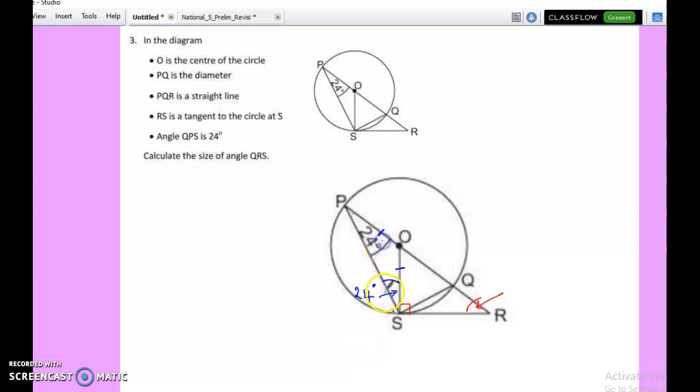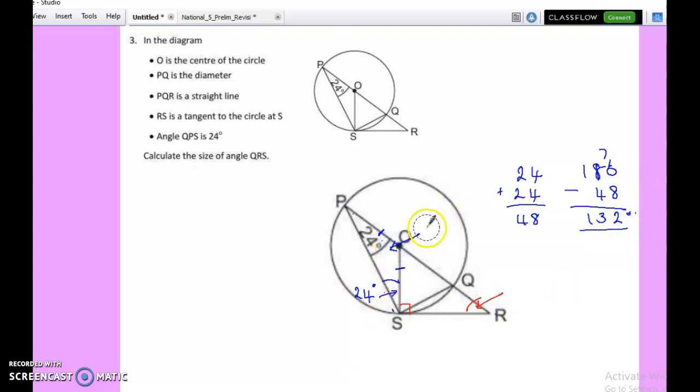Okay, now angles in a triangle always add up to 180. If I take that 48 from 180, now it's non-calculator, that doesn't mean you're not allowed to do any working, you can do as much working as you like. So this angle in here, the third angle in my triangle, must be 132 degrees.